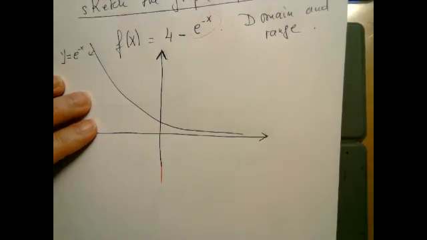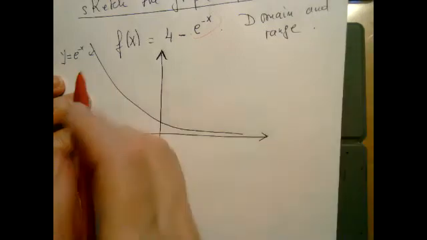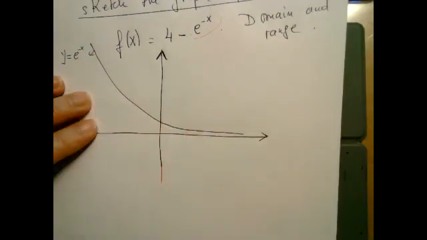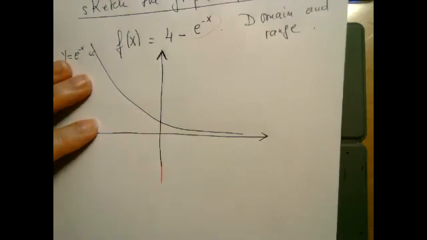Anybody there? Graph the e to the minus x. Absolutely. So we start with that. After that, what do we do? XY table? No, we're not going to do that.